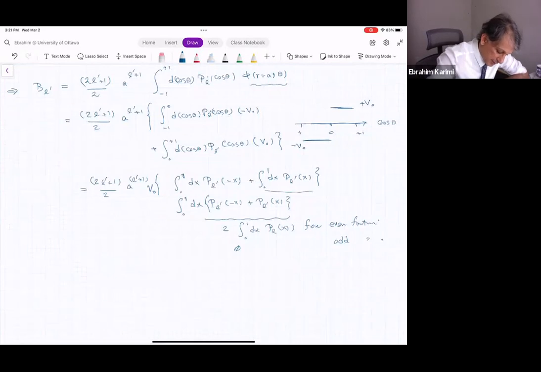So then I will get the expression for B_L', which, I know that L' is now even.